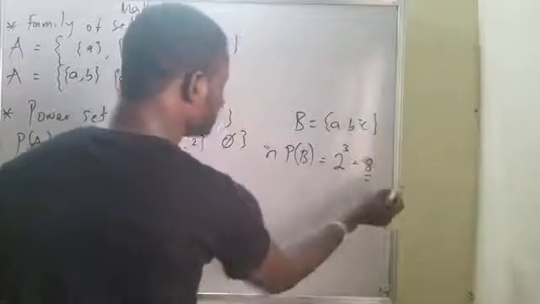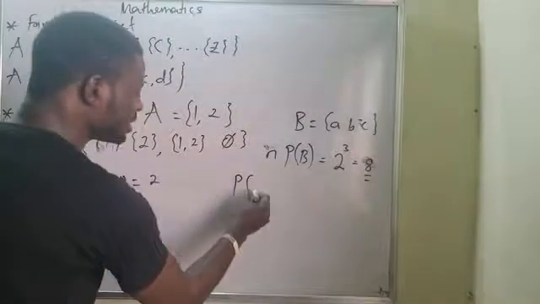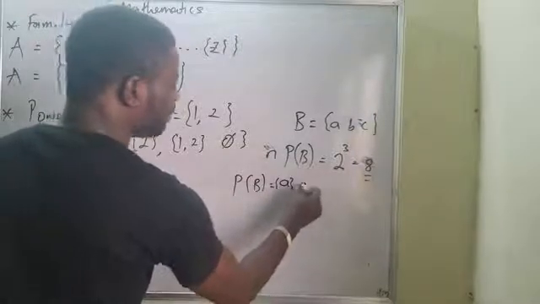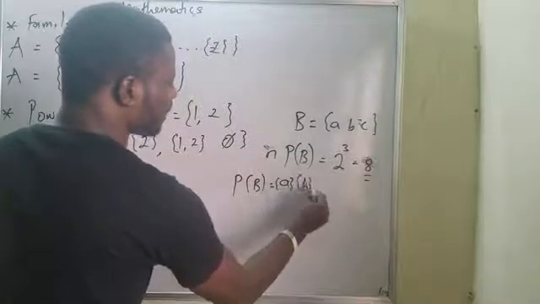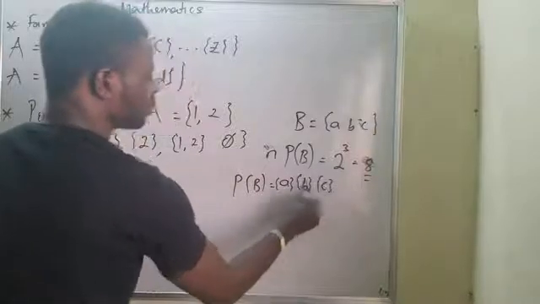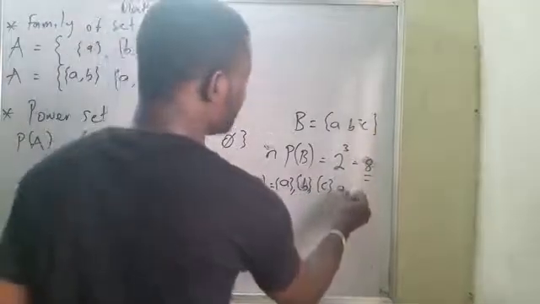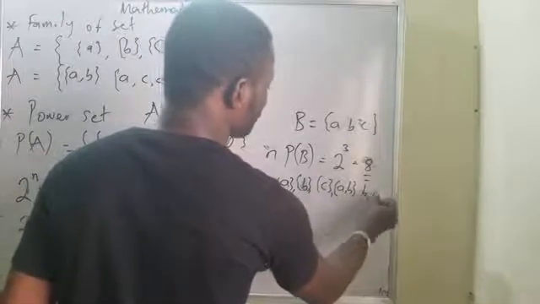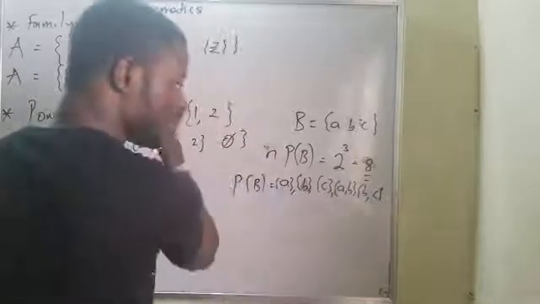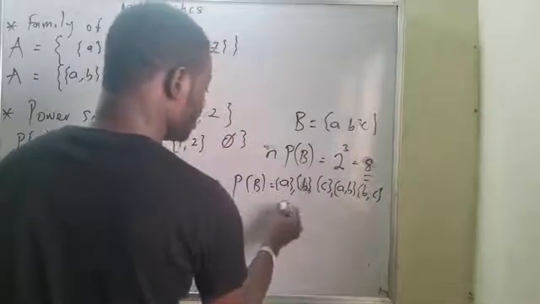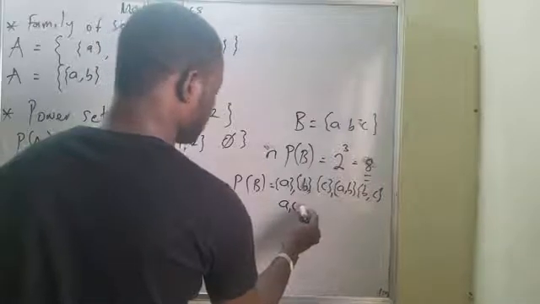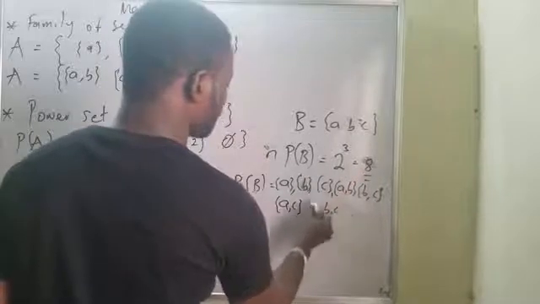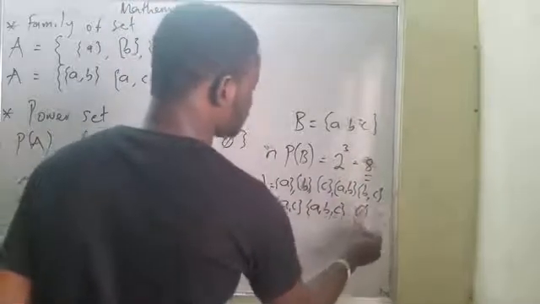Now, if you check this very well, the power set itself, you will notice that it will be like this: A himself, B himself, C himself, and AB, BC, and AC, ABC, and the empty set.